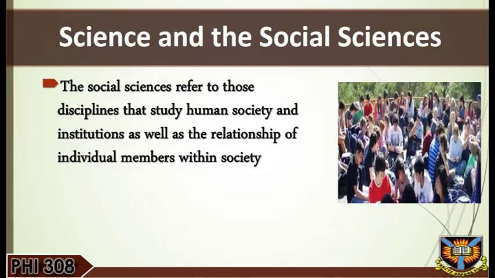The social sciences refer to those disciplines that study human society and institutions, as well as the relationship of individual members within society. In other words, it is the science of social phenomena whose focus is the social aspect of human experience.